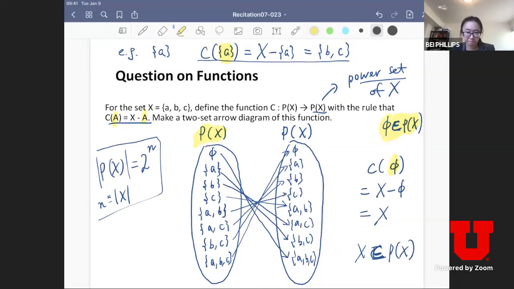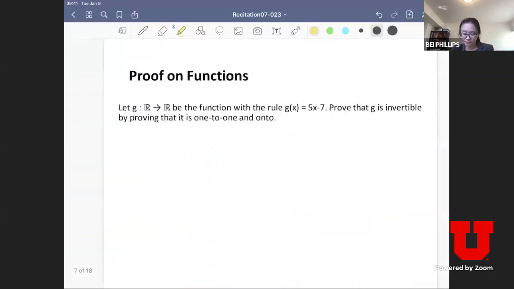So this is a variable representing any set that is a member of the power set. Okay, if there's no more questions, let's move on.